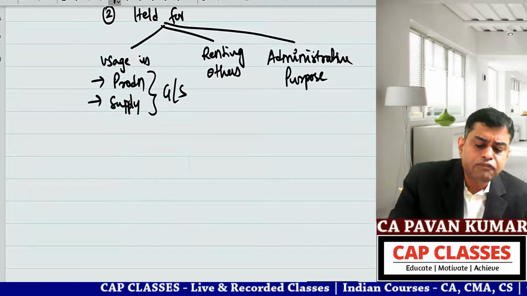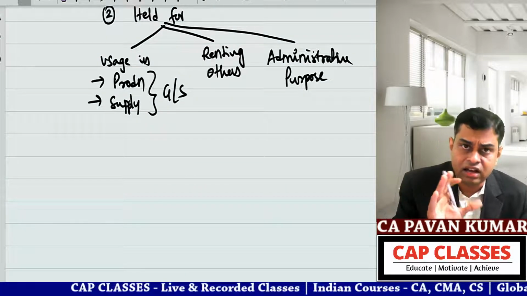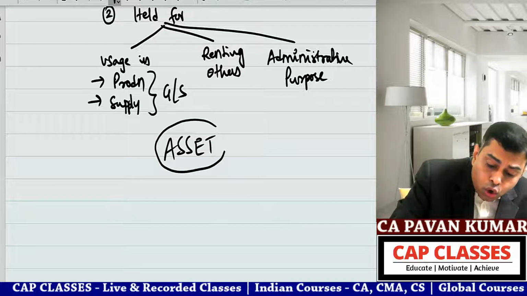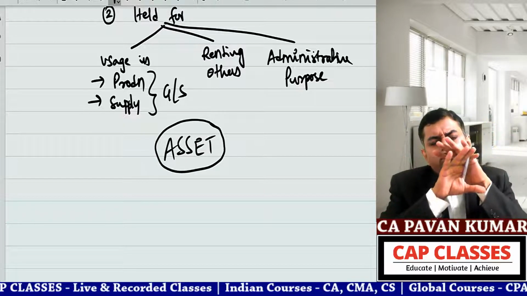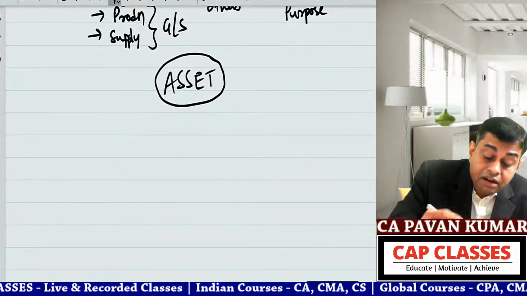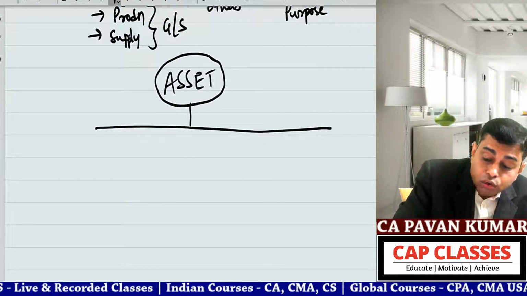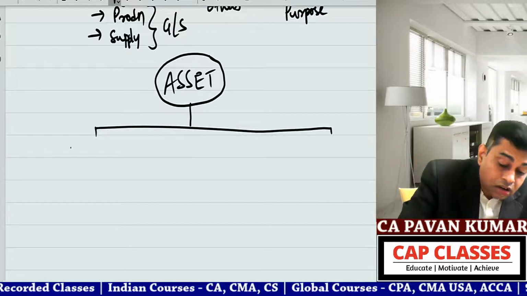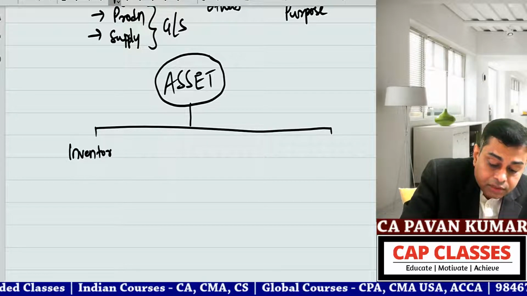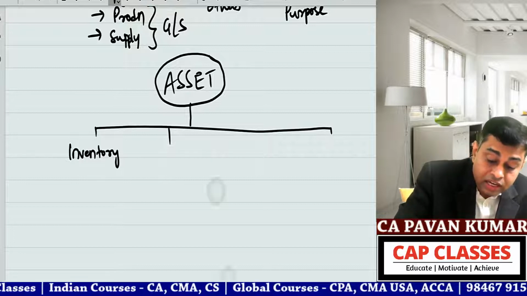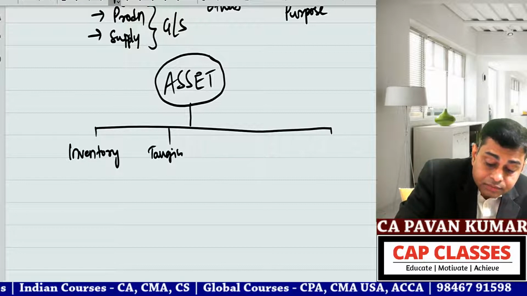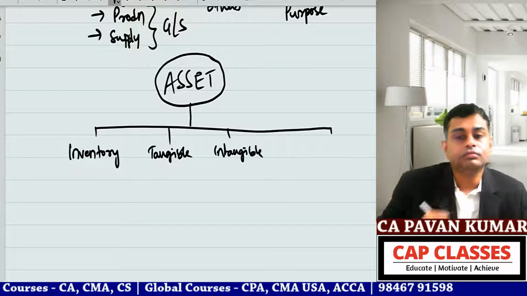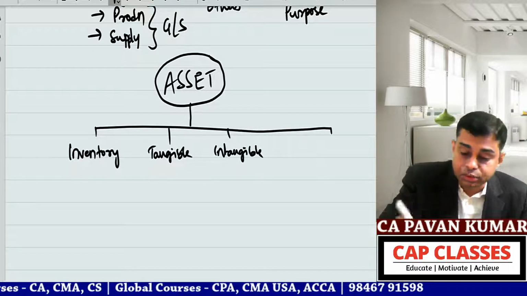Okay, now we will deviate from accounting standard 16, IAS 16, and let me give you the whole universe of assets. The whole universe of assets can broadly be classified into some financial statement line items. Inventory. Tangible assets, intangible assets.